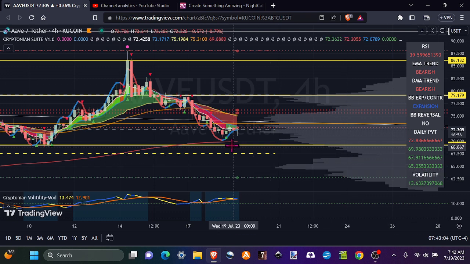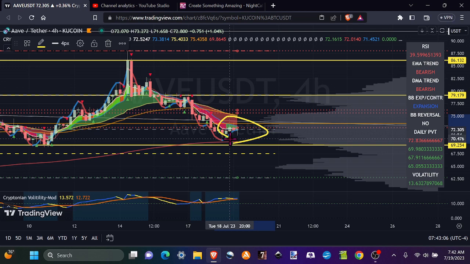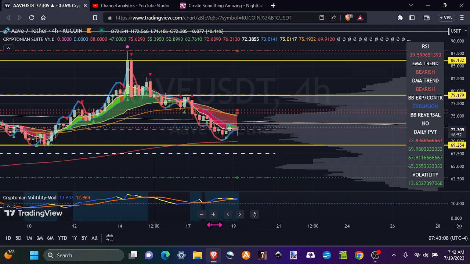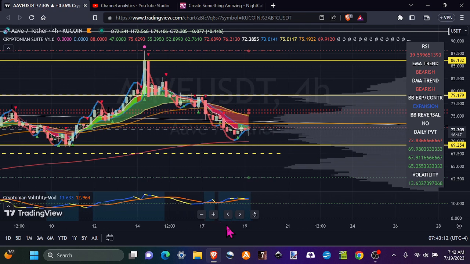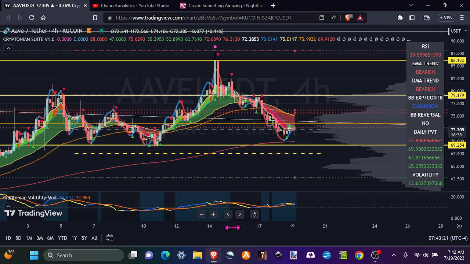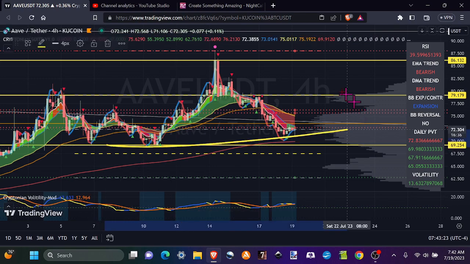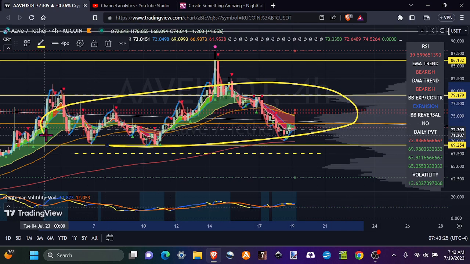Volatility is 13, so volatility is above 10, so we're not quite as flat as Bitcoin, right? But because it's an altcoin, the volatility is just naturally higher. I would say below 15 is consolidation, and that's what we see here, right? We see all of this as being consolidation.